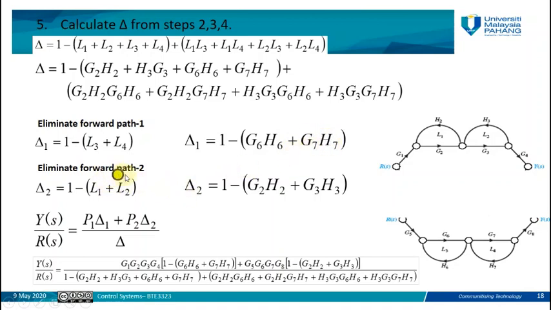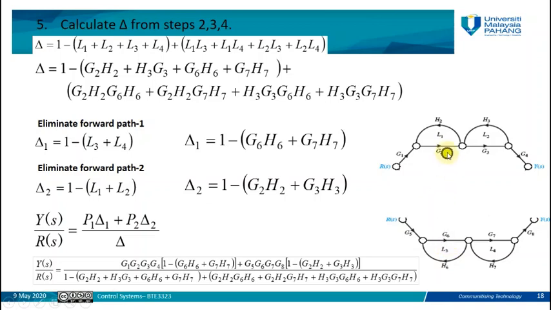Then, in order to find the value of delta 2, we isolate forward path number 2 and find which loops are non-touching with it. This is forward path number 2, starting from R(s), going through G5, G6, G7, and again to Y(s). What are the loops which are non-touching with this forward path?